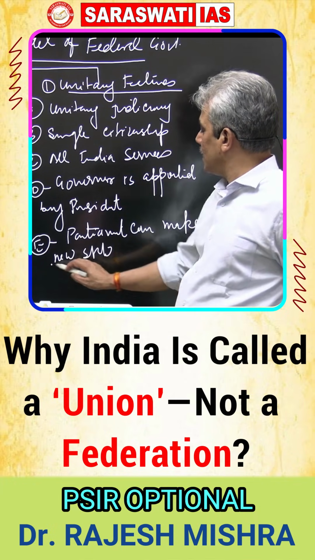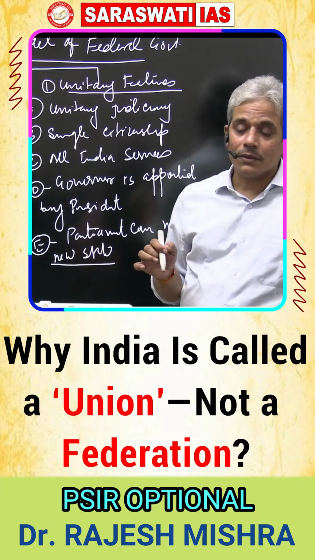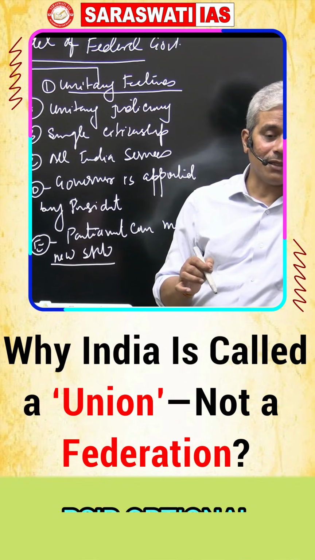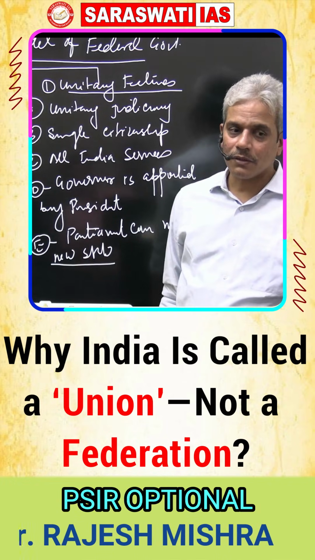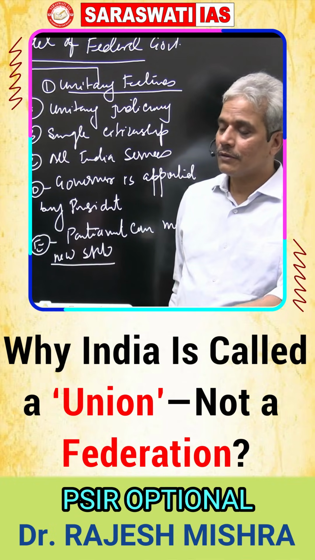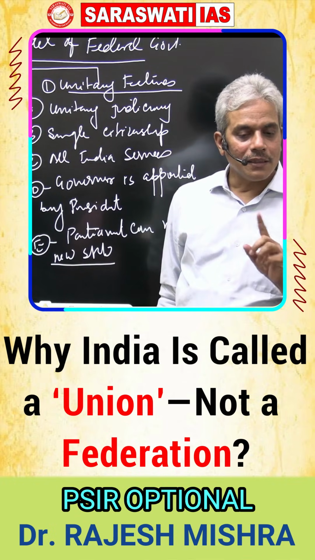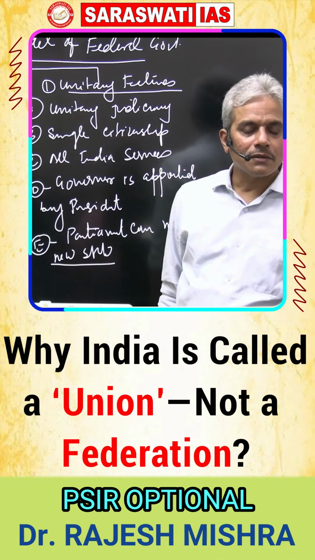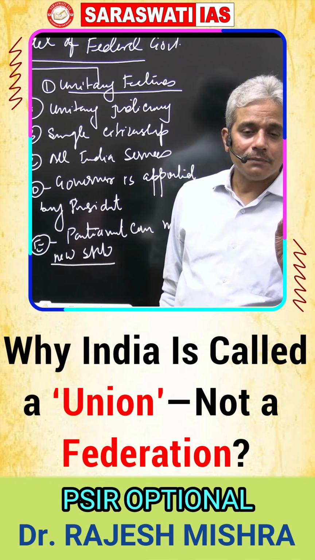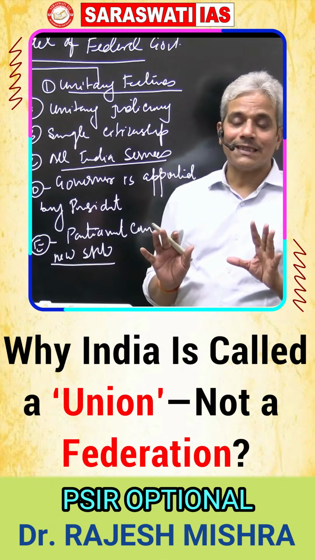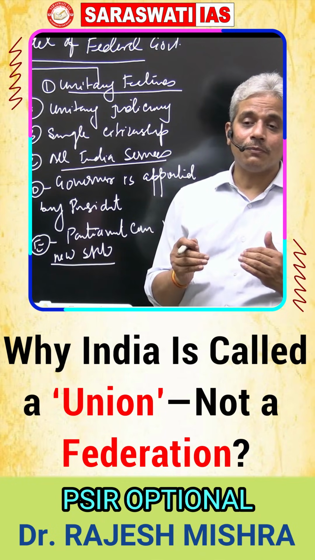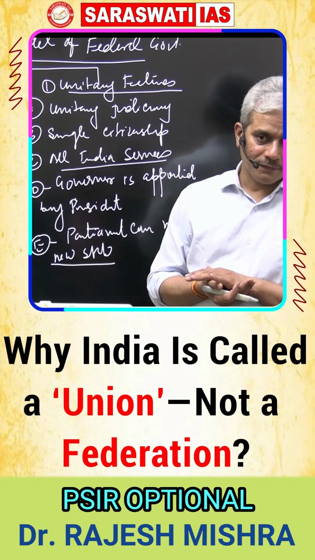And even states are dependent for financial help on the union. So in terms of a legislative division of power, the union list has more power. There is a concurrent list. It means, what is the philosophy of division of power? In the philosophy of division of power, the PM stands out to be the more powerful leader.